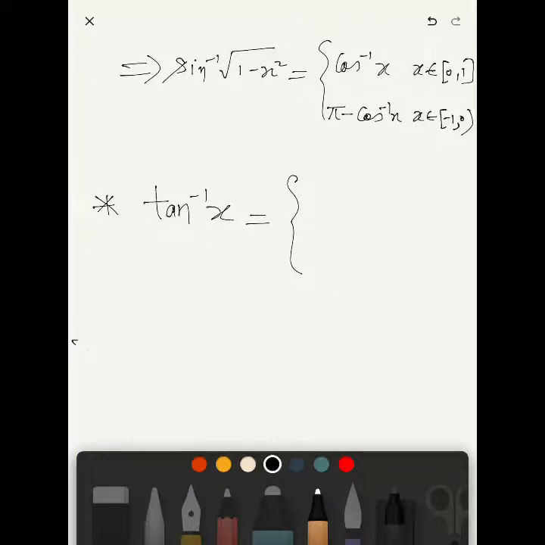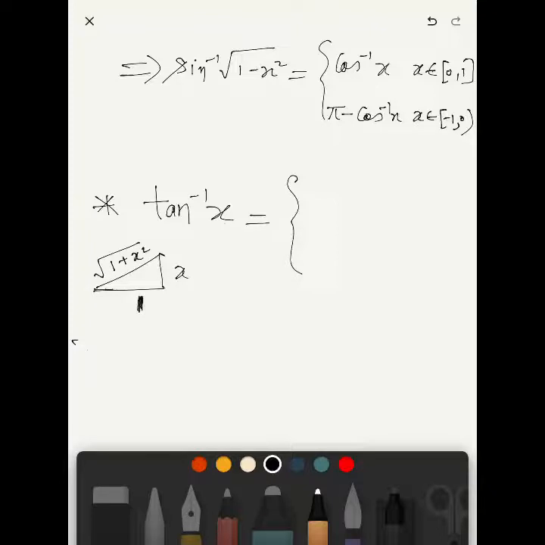How do you convert? We first draw the triangle. Tan inverse x means this is x by 1, right? So tan inverse x is perpendicular by base. So your hypotenuse will be under root 1 plus x square, isn't it?